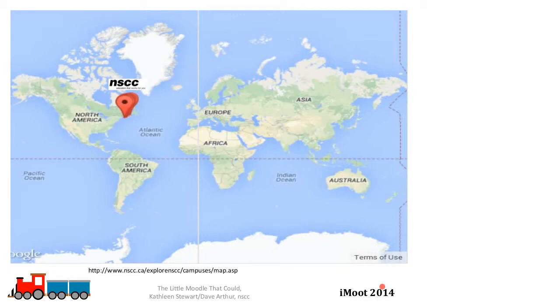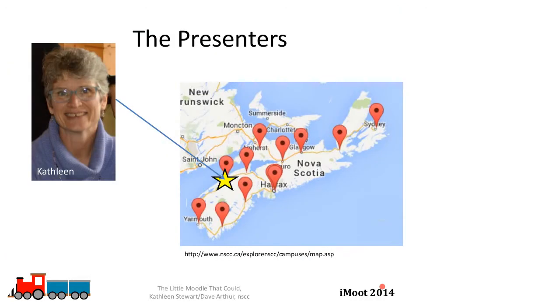So who are we? I'm Kathleen Stewart, and if we go back to that first Google map of the Nova Scotia Community College, I work where this little yellow star is, in the Annapolis Valley campus. It's in Middleton, which is a town of about 2,000 people, and along with our sister site, which is at a campus about 11 kilometers away, we have about 400 students.